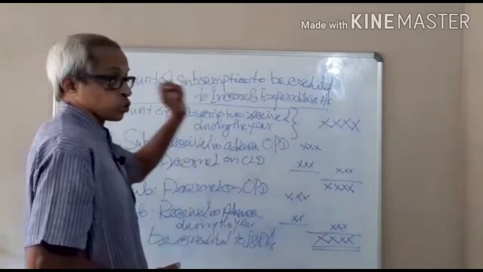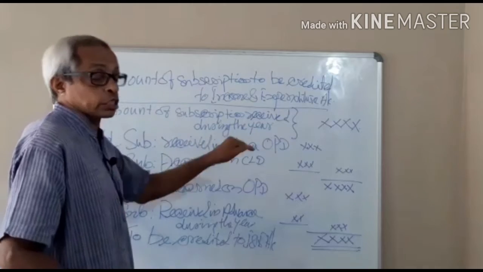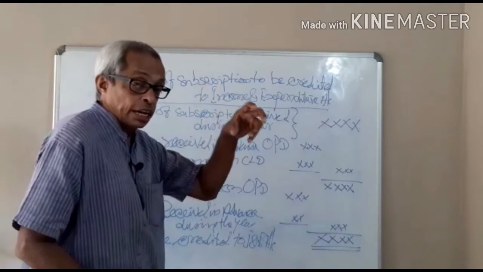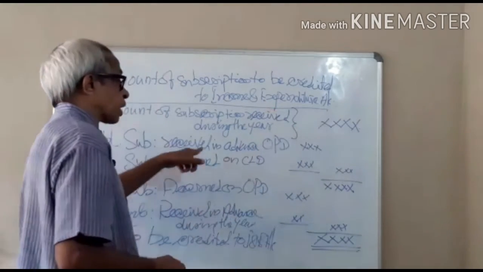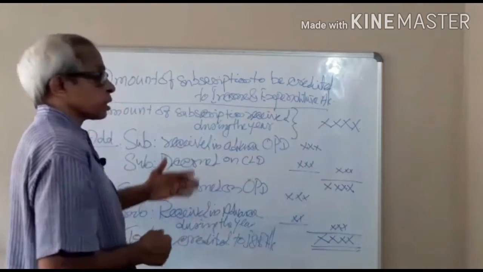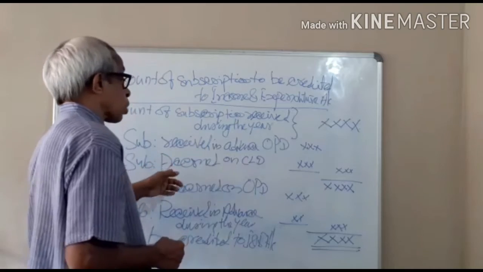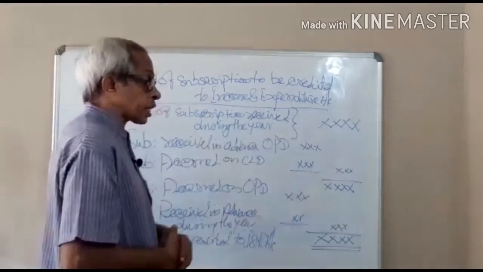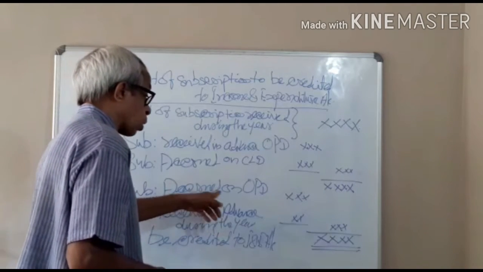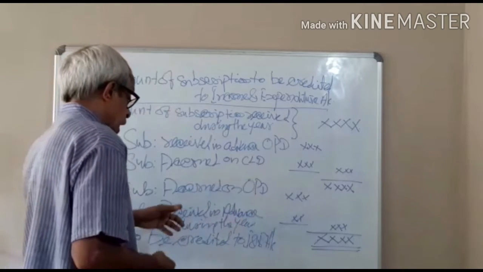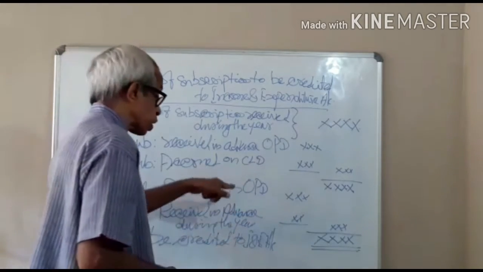So, the first one is the amount received during the year as subscription, which can be taken from the receipt side of the Receipts and Payments Account, and to that we have to add two items, that is subscription received in advance on the opening date and accrued amount on closing date, and from that figure we deduct two items, that is subscription accrued on the opening date and the subscription received in advance during the year, that is on the closing date.